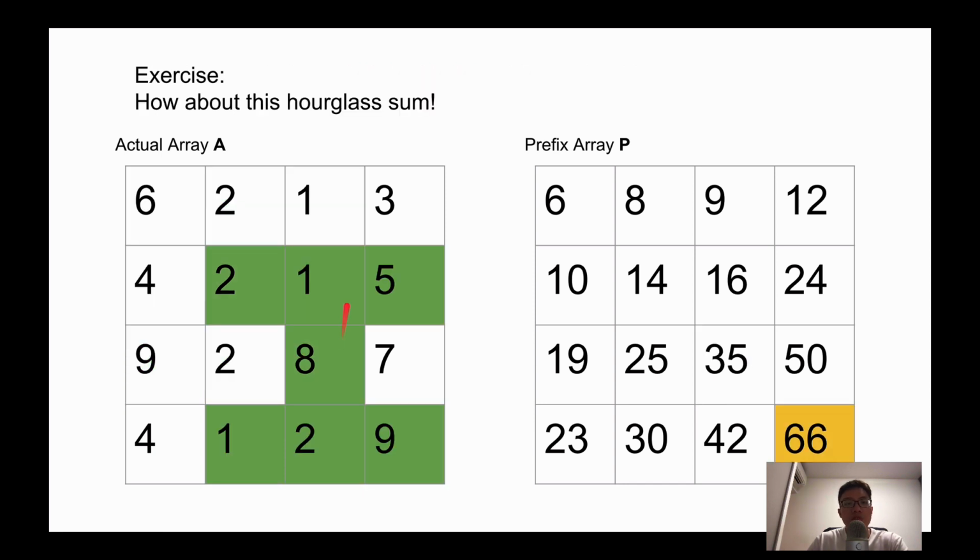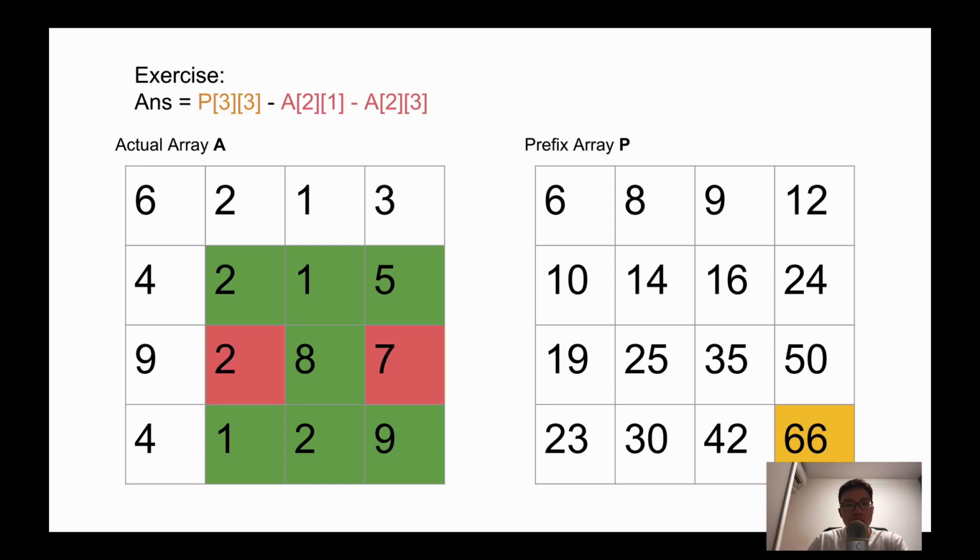Now, why not you have a go at finding the hourglass sum for this case instead? This is going to be a bit more complicated than our first example. We're going to do this step by step. First we'll get 66. 66 is the last element of the prefix array P, and it definitely gives us more than what is required. 66 is the sum of the elements of this entire square, every single number in this box, which is definitely more than what we need.